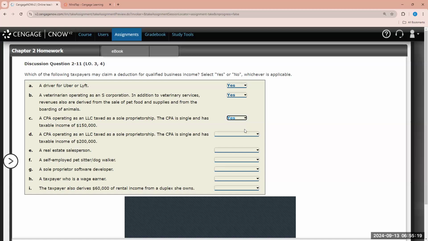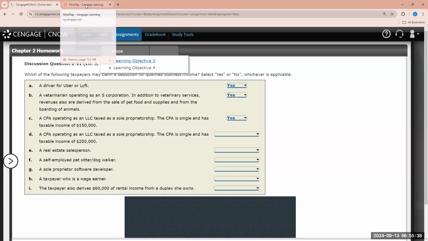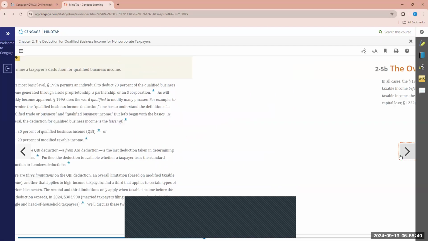The CPA is single and has taxable income of $200,000. So the key distinction between C and D is the income level. Because of the income level, based on D, it will result in a reduction, rather, of the QBI deduction.